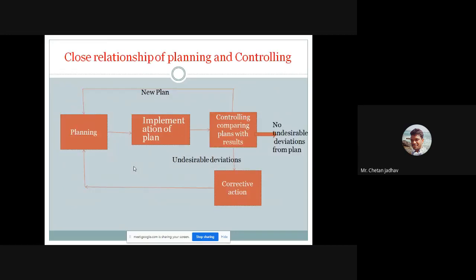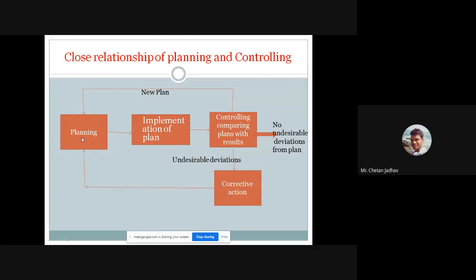The next point is the relation between planning and controlling. How are planning and controlling closely related? Now you can see this flow chart. On that flow chart, the first step is planning, second is implementation of that planning into our process, third is controlling and comparing plans with results.